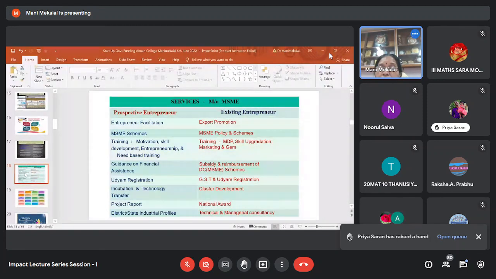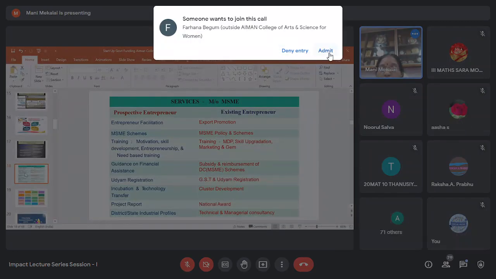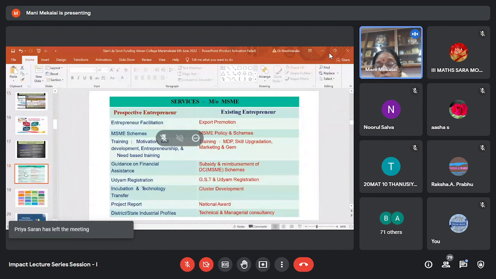Then subsidy and reimbursement also come under this, but it is dealt with by the Development Commissioner, MSME. Then GST and Udyam registration go together. There is also a facility of cluster development. And if existing entrepreneurs are performing extraordinarily, then a national award is also given. Technical and managerial consultancy is also one of the areas where existing entrepreneurs require support.